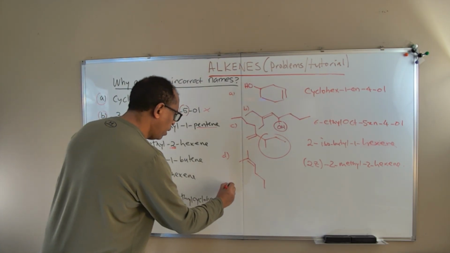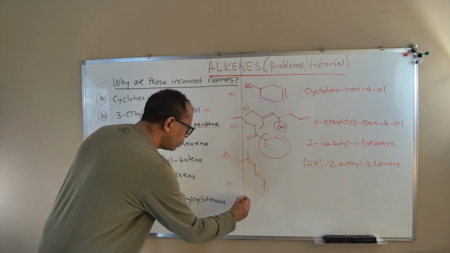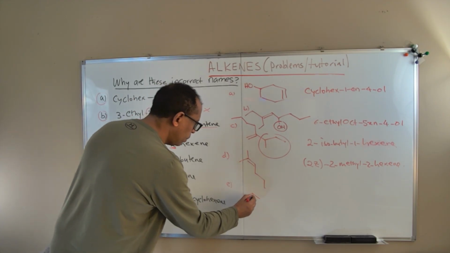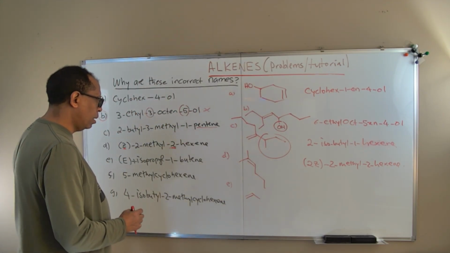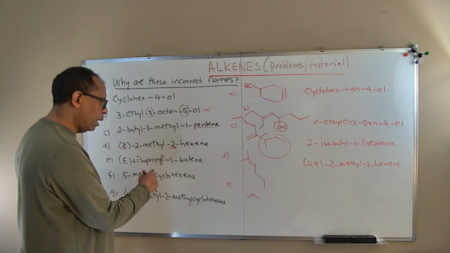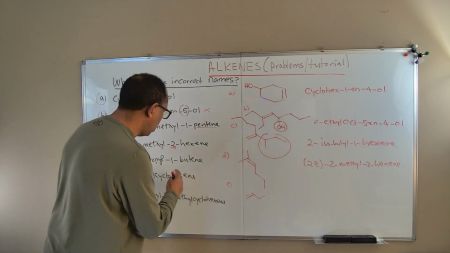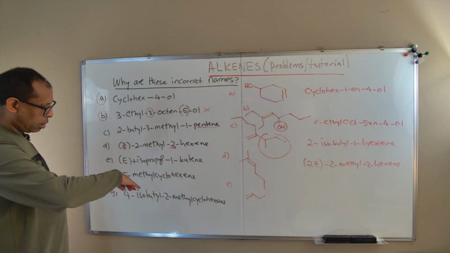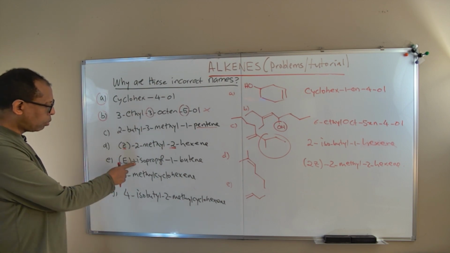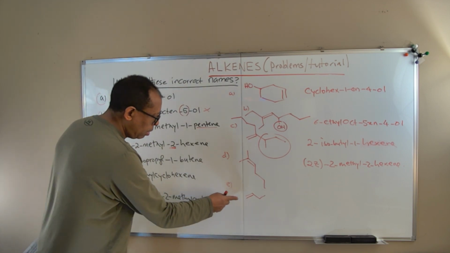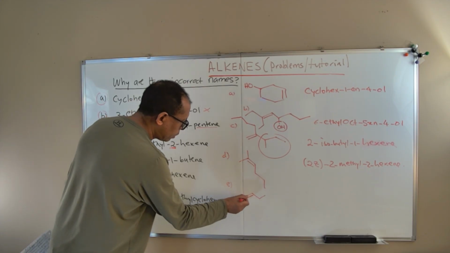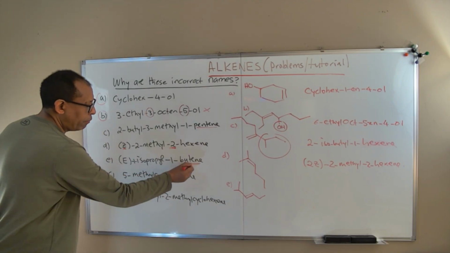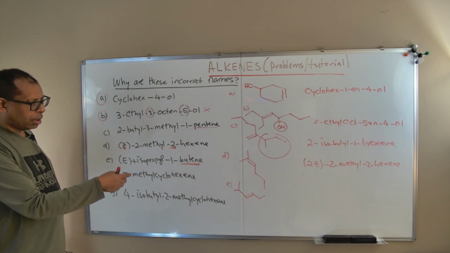Okay, this is for E. You have 1 as that position, a double bond, and it is an E, and it is a butene, 1, 2, 3, 4. So that's just the chain they are referring to, but at the 1 position they have isopropyl. So this is the 1 position. Isopropyl is this. So you cannot name this as a butene, obviously, because the chain is not 4 carbons.